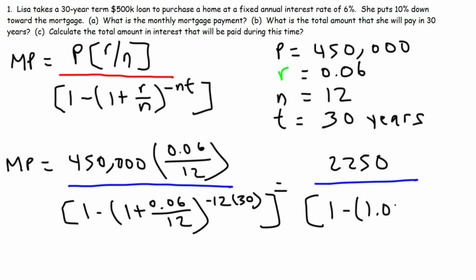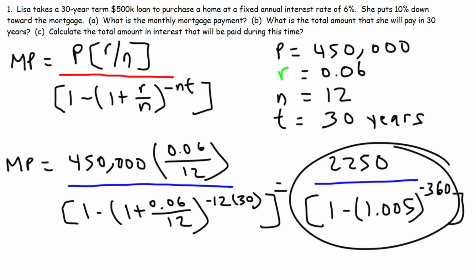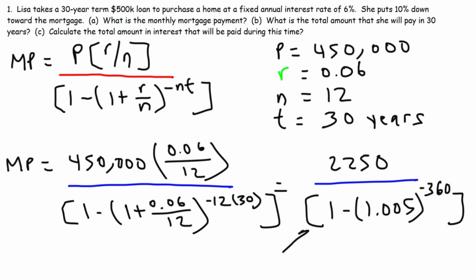That's 1.005. 12 times 30 is 360. So there's going to be a total of 360 monthly payments that's going to be made over the course of 30 years. So this is going to be raised to the negative 360. And don't forget that negative sign. Now plug these values exactly the way you see it in a calculator, using the brackets instead of parentheses here.